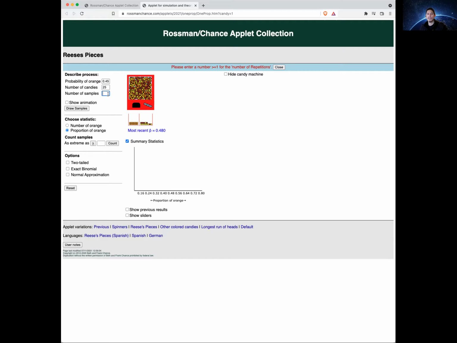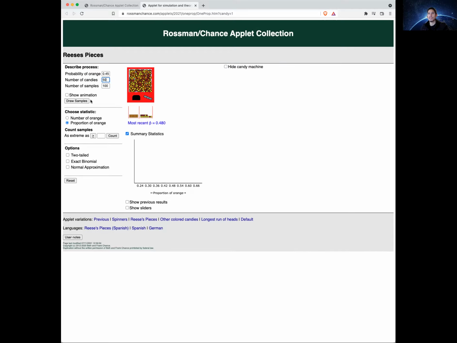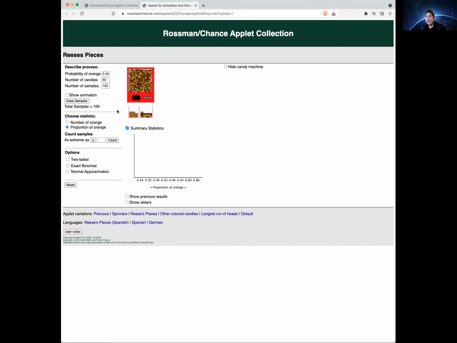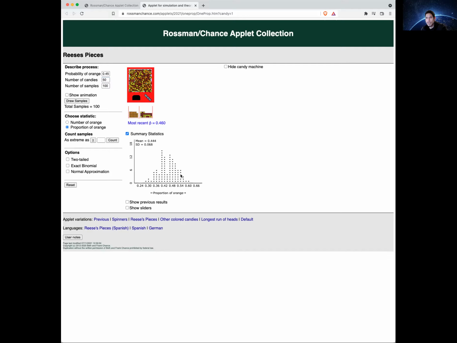Why is it not working? Maybe I have to enter this first. Let's draw 100 samples of size 50. Try this one more time. Success. All right, let's see what happens. We have a mean of 0.44 and a standard deviation of 0.068.